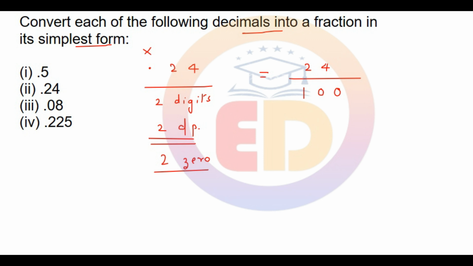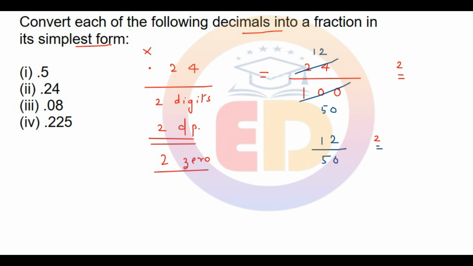Now 24 and 100, they both are even numbers. Let us divide both of them by 2 to convert them into the simplest or the lowest form. When we divide 24 by 2, I get 12. When I divide 100 by 2, I get 50. So now it becomes 12 upon 50. I see here that both 12 and 50 again are even numbers, so both will be divisible by 2.